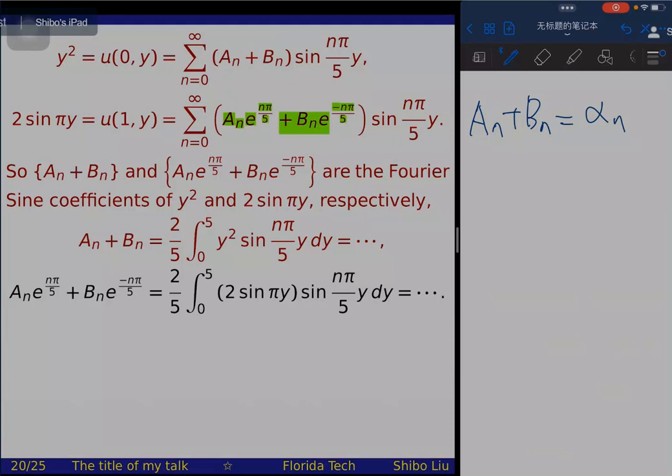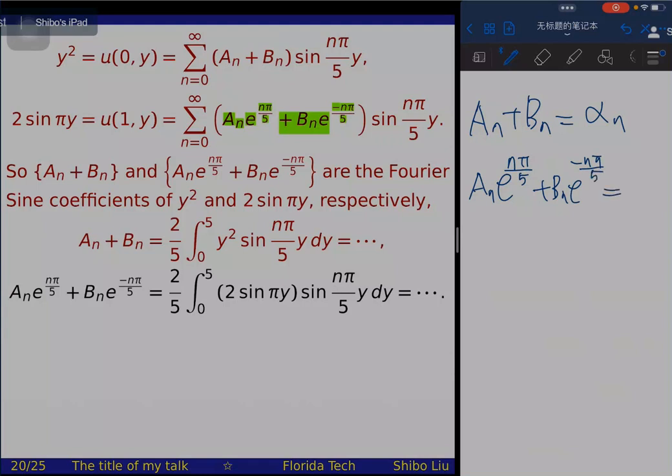Similarly, the second is an e to the n pi over 5 plus bn e to the minus n pi over 5 equals this integral.